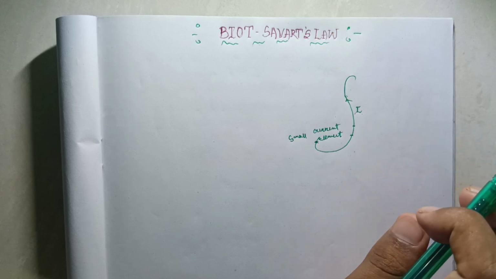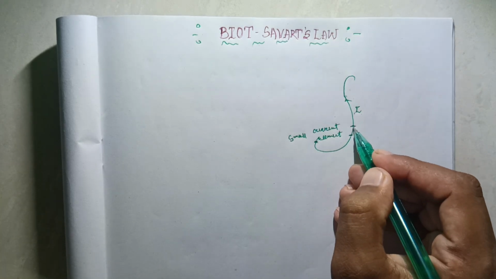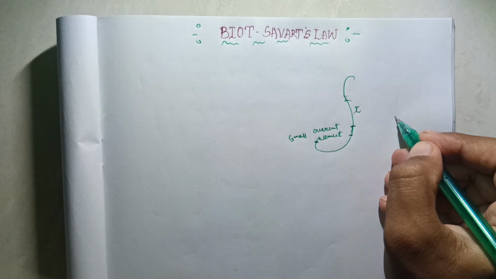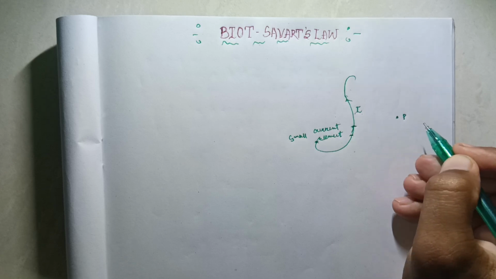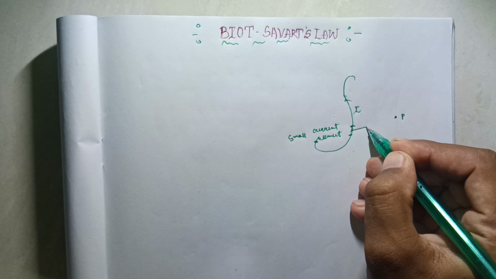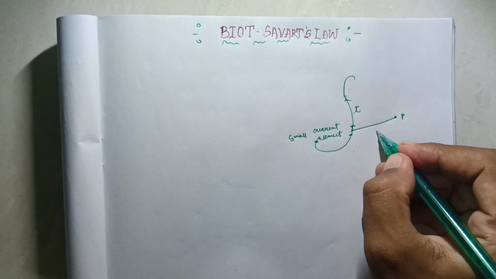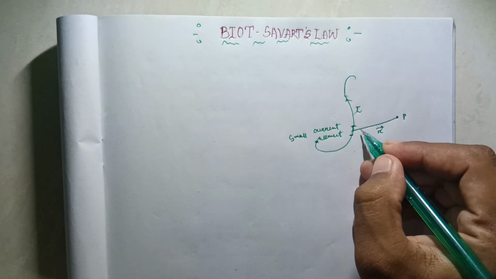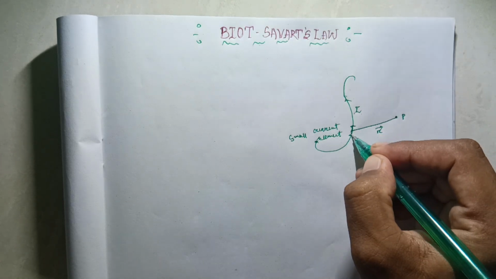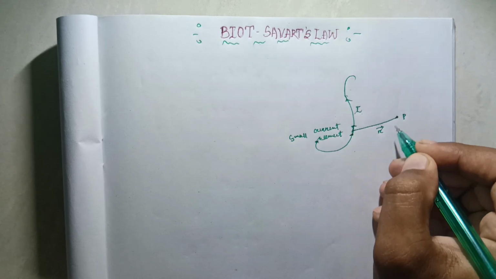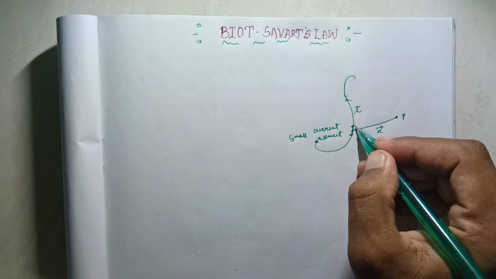Understand? Okay, we choose this part as the small current element, and there is a point P. The distance between the center of the element and the point P is the vector r, and the angle between the element and the line to point P is theta.